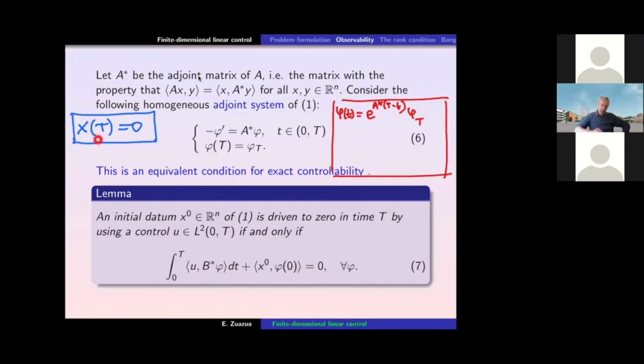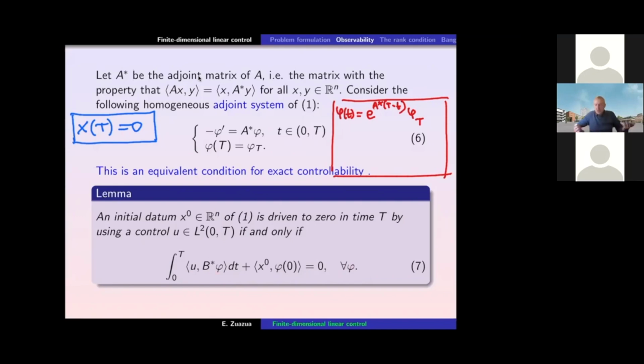Then my claim is that if my goal on the control system is to drive the system to zero, I can get rid of this goal through the following duality identity.